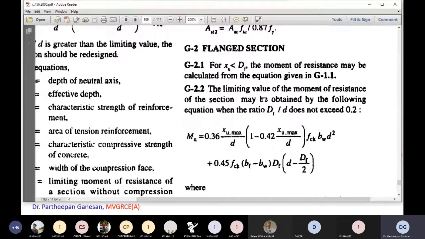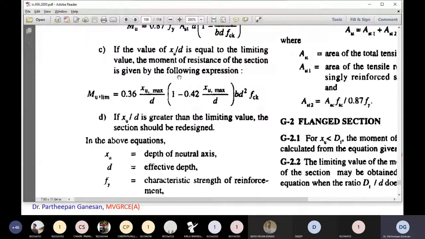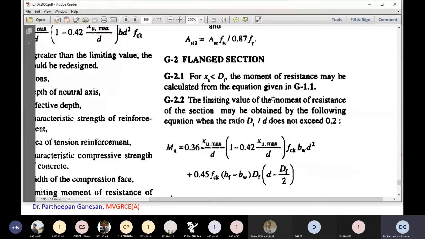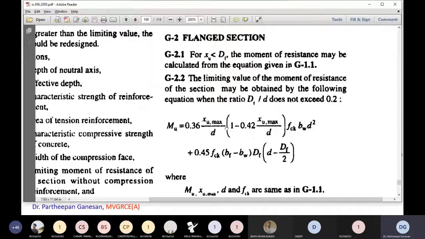Now here also, just like the neutral axis depth, moment of resistance, everything, and limiting moment of resistance, in flanged section also there are 5 different cases. How to find out the limiting neutral axis depth, how to find out the moment of resistance, how to find out limiting moment of resistance. Everything, all the formulas are there in the code itself.